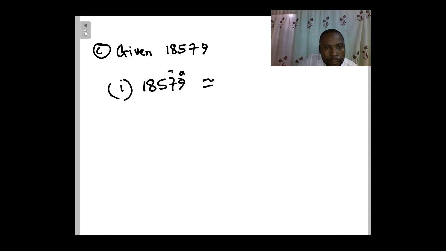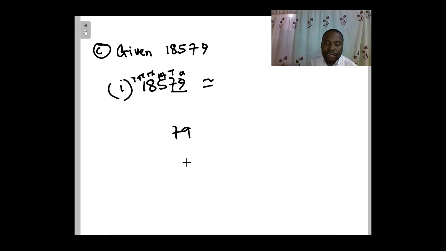Let's start from the tens place, that is 79, 7 and 9. Remember the tens: 1 ten, 2 tens, 3 tens, 4 tens, 7 tens, 8 tens, all the way. If we bring out 79, it is 7 tens and 9 units.